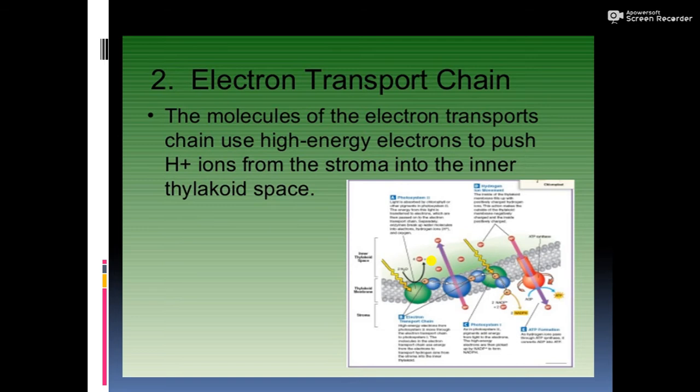When light energy falls onto the photosystem, it energizes its electrons, and these electrons are then transported to the electron transport chain. What is the electron transport chain?